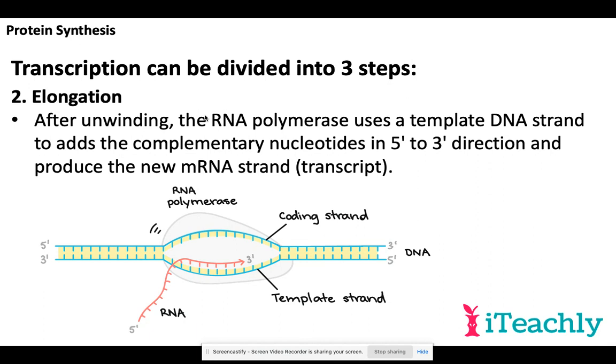It runs down, not making copies, adding nucleotides just as we saw in DNA replication. It's the same process. The only difference is we're only doing a small section because it's a gene, so it's only part of the DNA. The other thing is we're not adding DNA nucleotides, we're adding RNA nucleotides, so that we're literally copying the DNA strand.